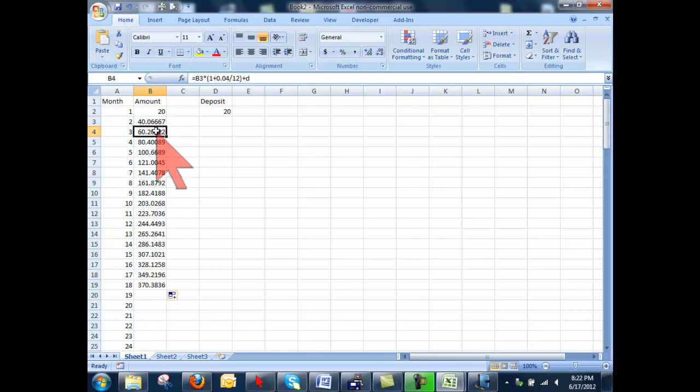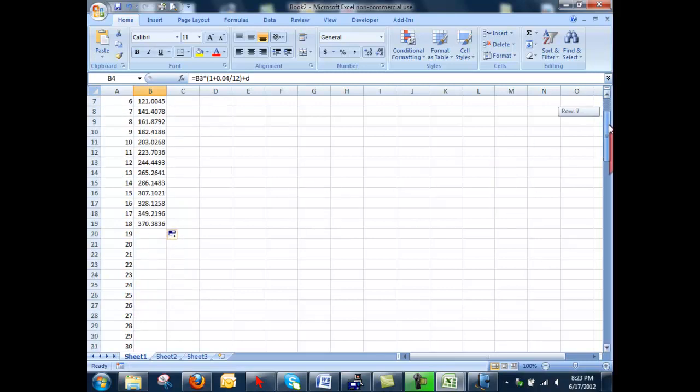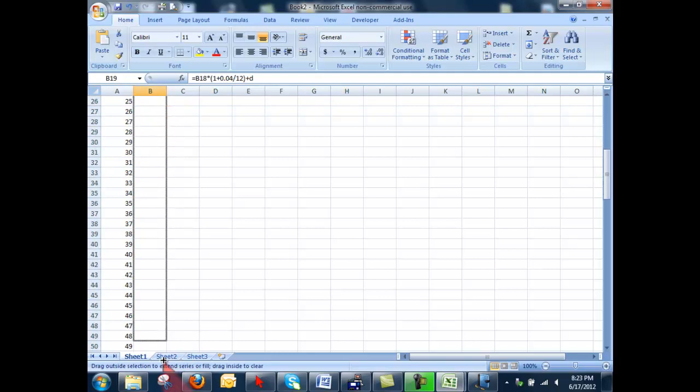And for part 2, I want to actually go for 10 years. So let's come back here and just continue to drag this formula down over the many, many months down to 10 years, which is 120 months.